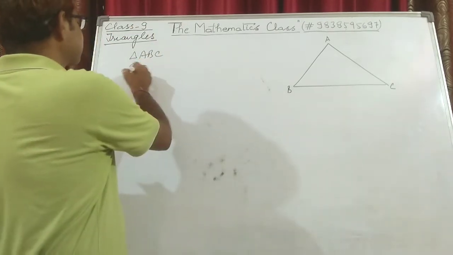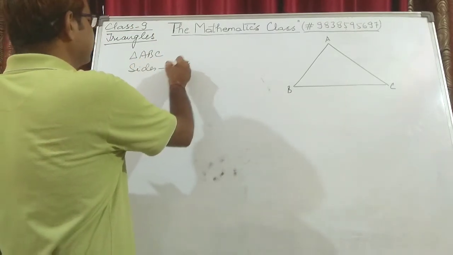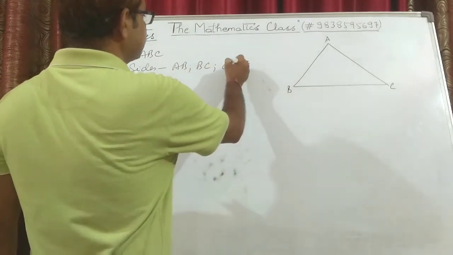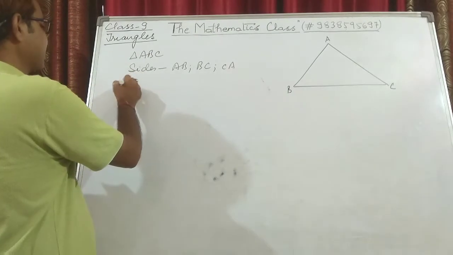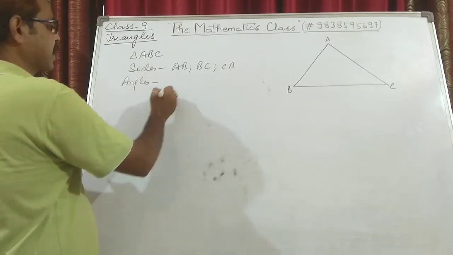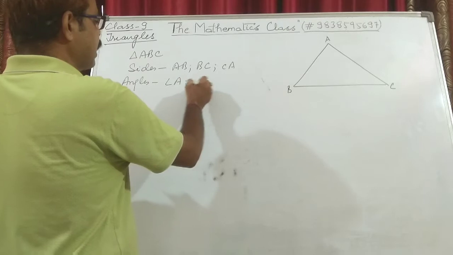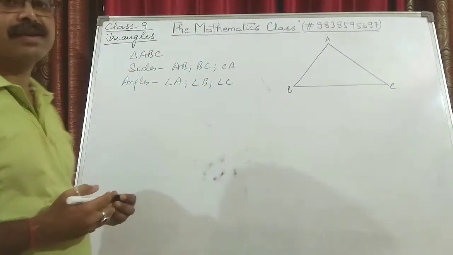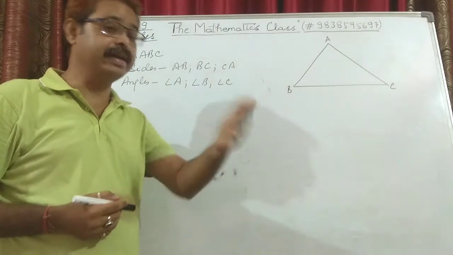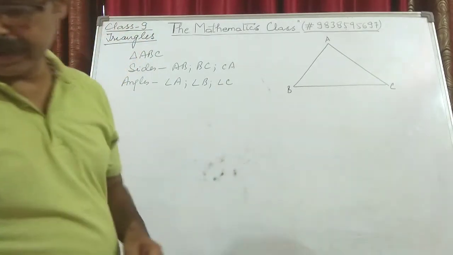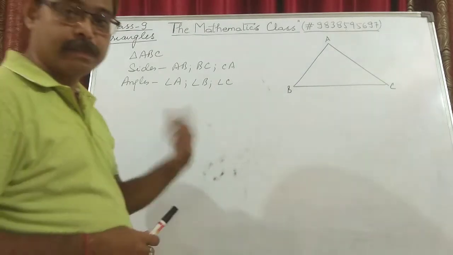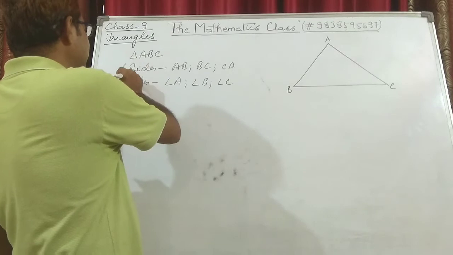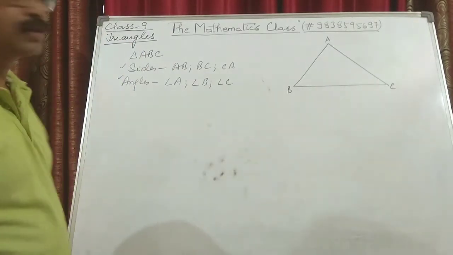In this, sides are AB, then BC and then CA, and it has three angles also, and these angles are angle A, angle B and angle C. So a triangle has 6 ingredients. 6 ingredients means 6 elements. 3 elements are the sides and other 3 elements are angles.